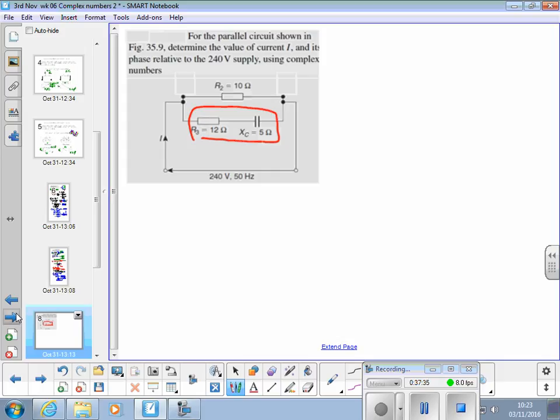Yes, add components in series. But what has to go with this XC? Fully describe it in terms of its resistance and capacitance combined. So that bit, right up there, is 12 minus 5j ohms.